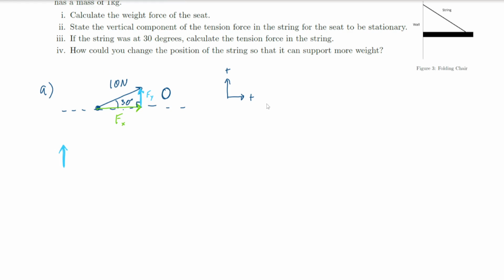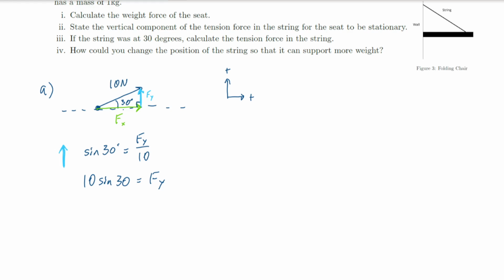So we'll use the trig ratio sine. Sine of the angle equals opposite, Fy, divided by hypotenuse, 10. And solving for Fy, we get 10 sine 30 is equal to Fy. And you can actually skip to that second line whenever you're looking for the vertical component and you're given an angle measured from the horizontal.